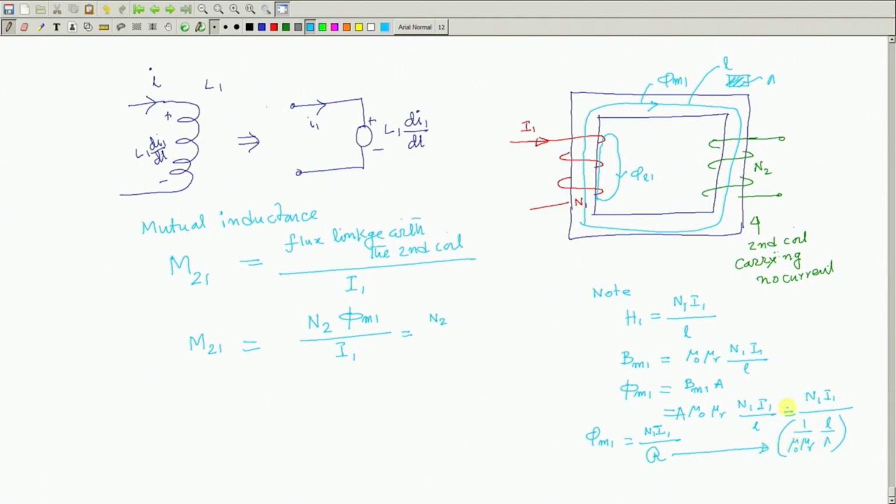It depends on the core only, core physical dimension and core properties mu 0 mu r. A is the cross sectional area.